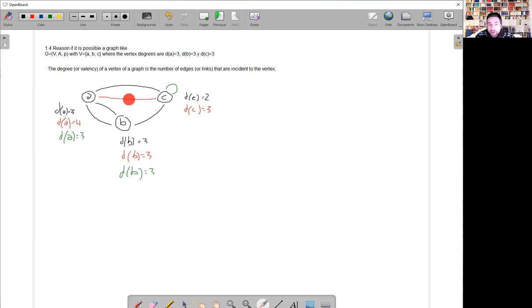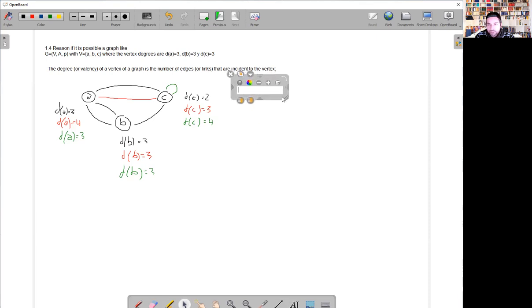Remember that now we are not in the case specified by the red line, but in the green case. So in this case, the degree for C would also be 4. That means that this example is not possible.